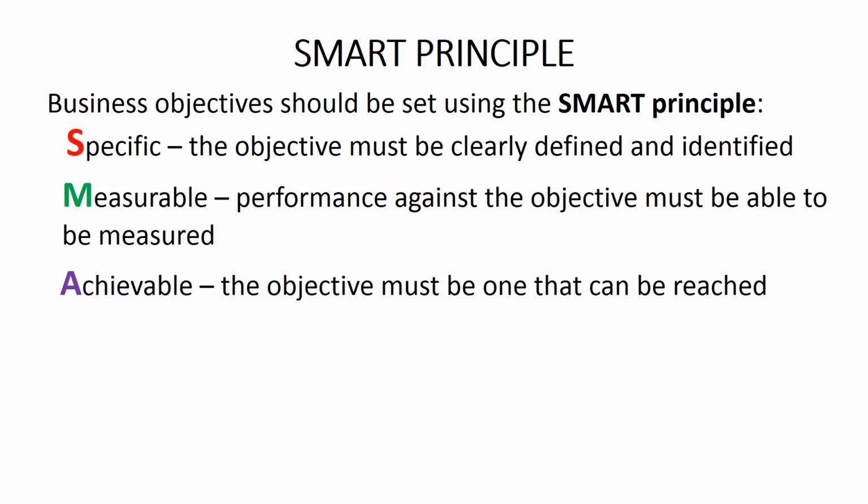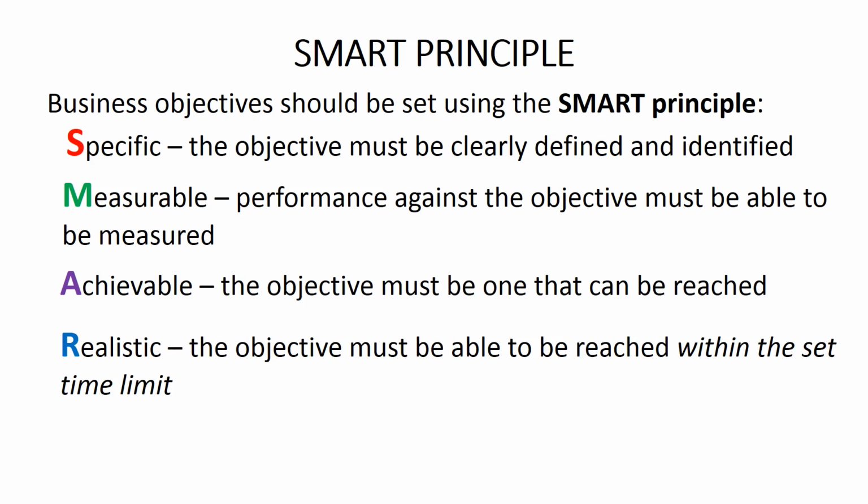Fourth, we have R for realistic, sometimes referred to as reasonable. The objective must be able to be reached within the set time limit, that is, within any time limit which is set out in the business objective itself.